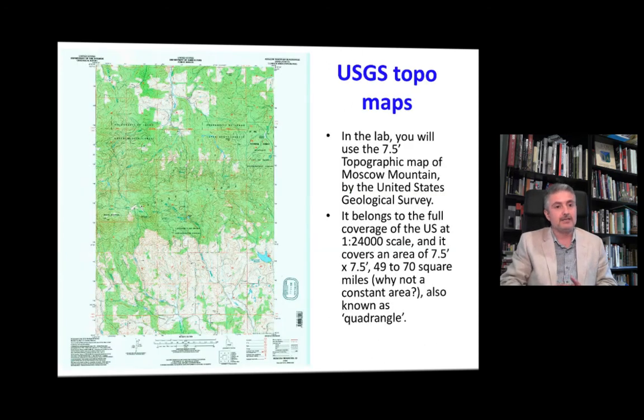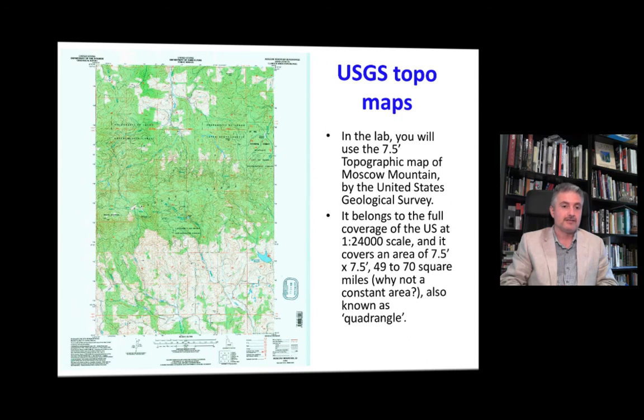And now you can meet the USGS topomap. This is the backbone of the US cartography. It's a map in UTM projection at a scale of 1 to 24,000. 24,000 means that 1 centimeter on the map is equivalent to 24,000 centimeters on the projection surface.